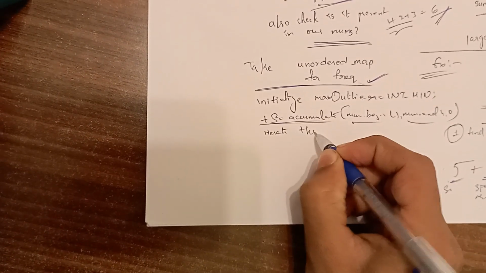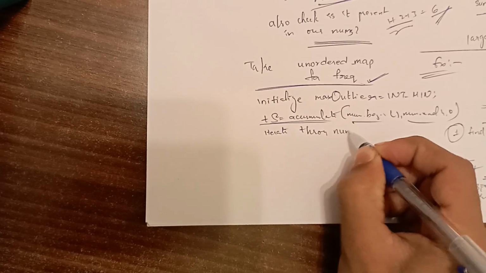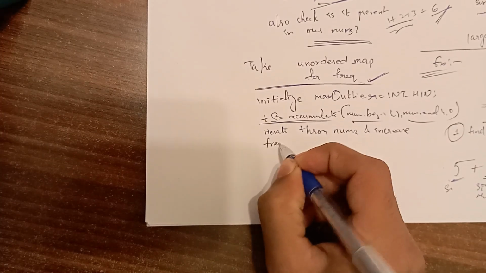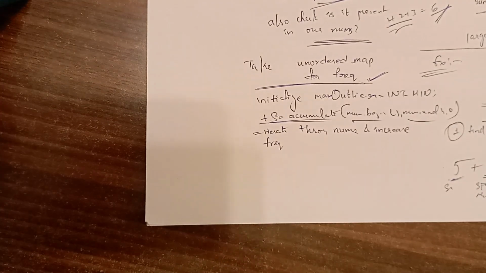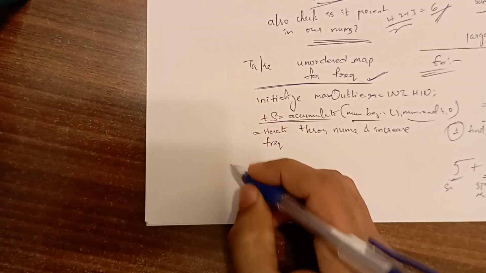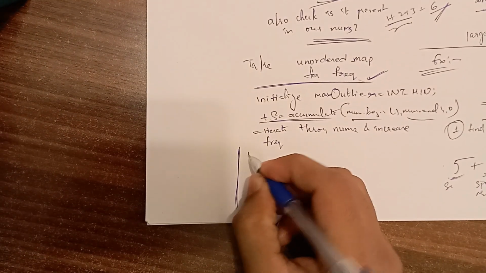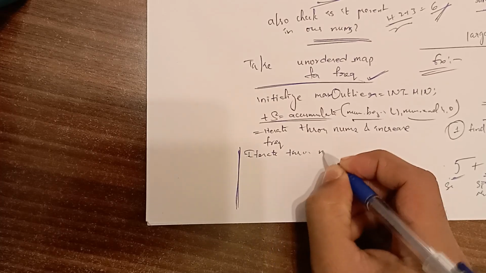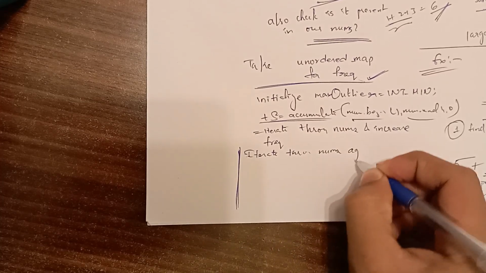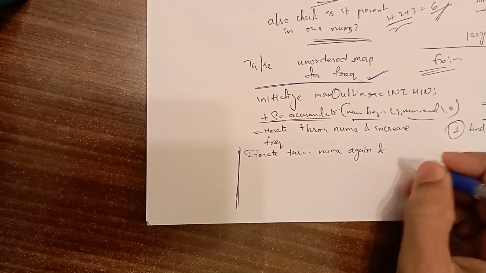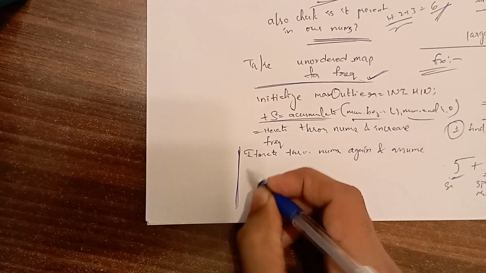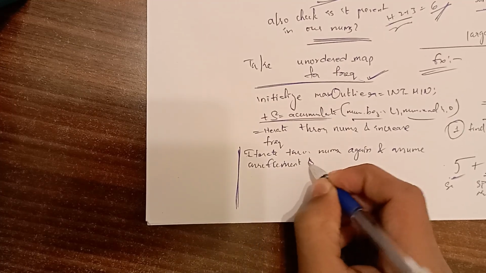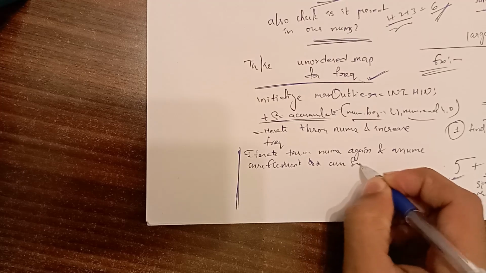Then we need to iterate through nums and increase the frequency, and then iterate through nums again, and assume the current element as the current sum.